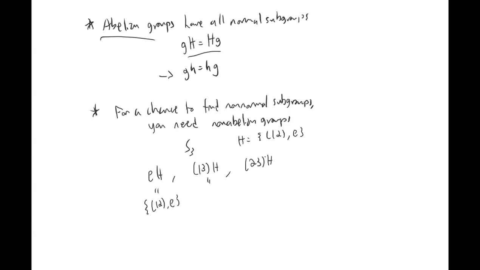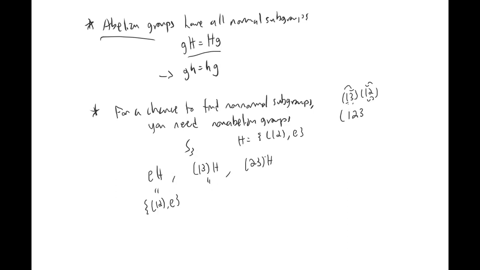This thing, you just multiply. So what's (1 3) times (1 2)? Where does 1 go? 1 goes to 2, and 2 goes nowhere here. Now 2 goes to 1, and then 1 goes to 3. So 2 goes to 3, and then 3 goes back to 1.